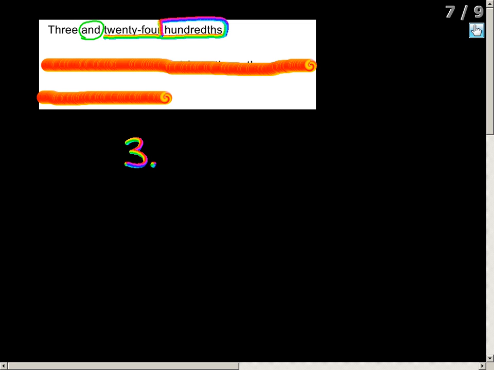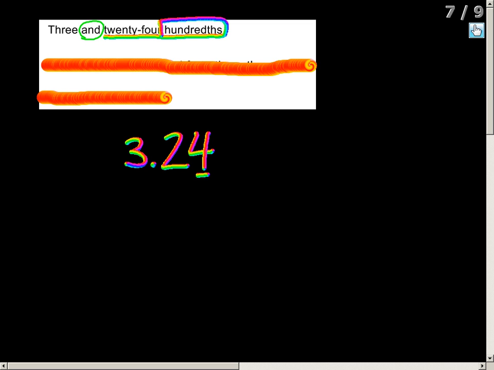This is pretty simple for this problem because we can just write 24, but it may not always be the case. So the way to check this is, I have 3 and 24 hundredths. I check that last number, make sure that 4 falls in the hundredths place, which it does. So always take a look at the last name of the number. That last digit has to fall in that place value.